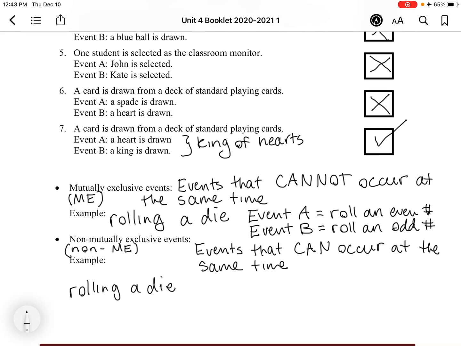Okay, and let's say event A is rolling an even number. And event B is rolling a prime number.